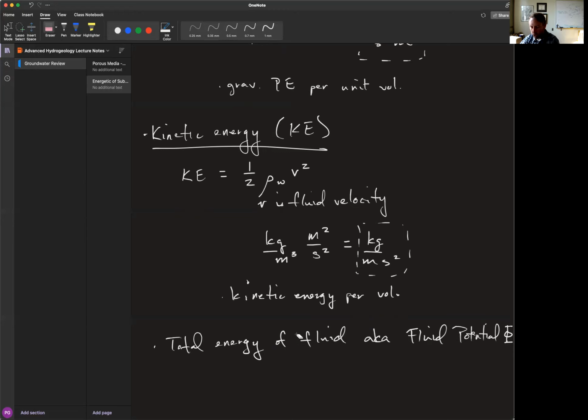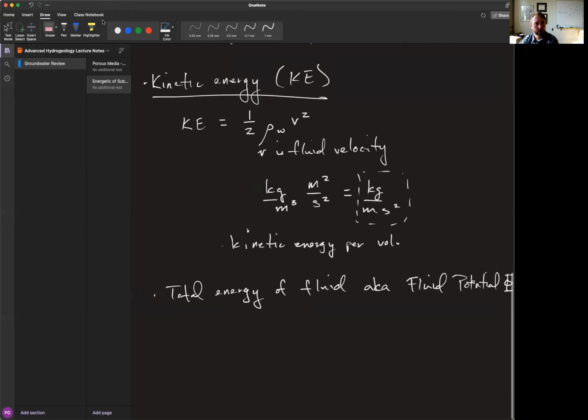All right, our total energy is just the sum of all of these forms of energy. So our fluid potential, or our total energy, phi, is equal to our pressure energy, our kinetic energy, plus our potential energy. So the total fluid potential at any point is equal to the energy imparted from the pressure or the weight of the fluid above it, from the kinetic energy, from the movement of the fluid, and from the potential energy, gravity.